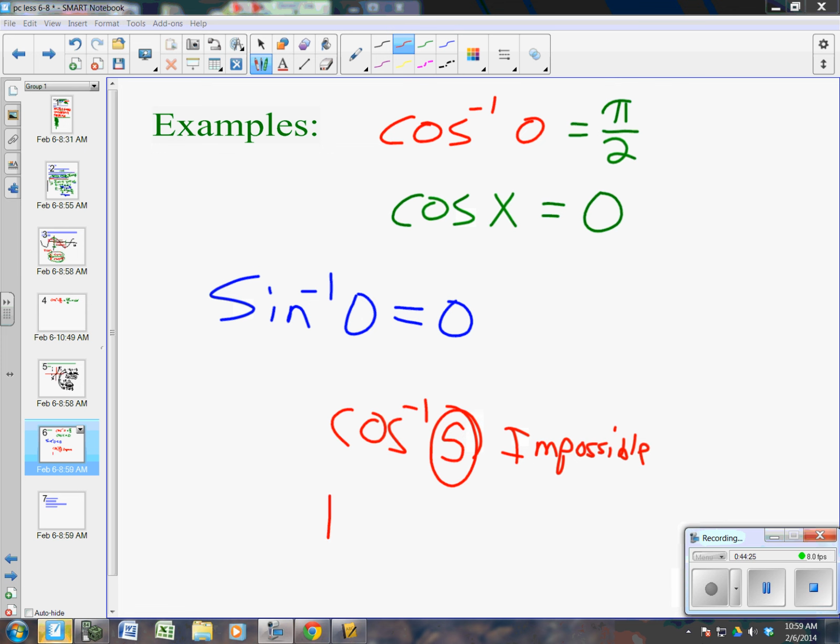Okay, here's the next one. Tangent inverse of negative 1. When you think you got the answer, raise your hand.